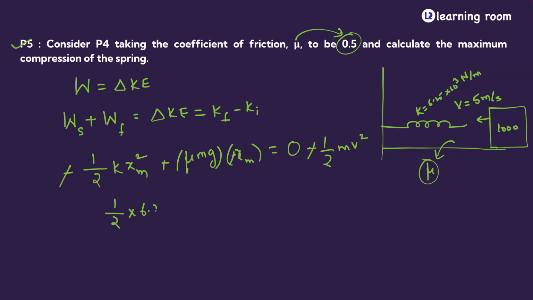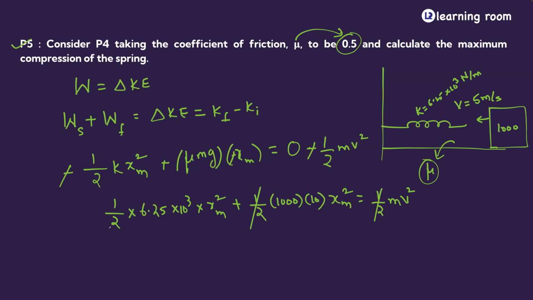Correct. So here the minus sign is going to get cancelled and you are left with half K, which is 6.25 into 10 power 3, into xm square plus mu, which is 0.5, into m, which is 1000, into g, which is 10, into xm, is equal to half mv square.